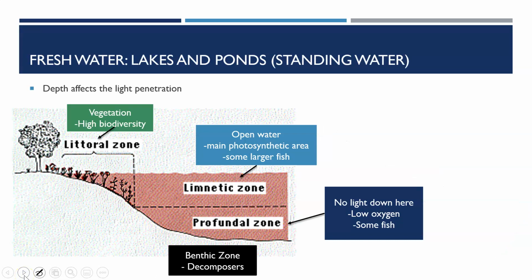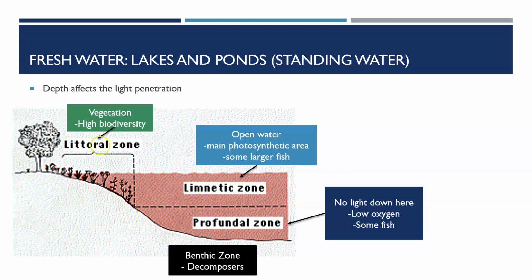So in contrast to that, our freshwater biomes also include lakes and ponds, and these are the standing water biomes. So we can kind of describe these based upon their depth, because depth affects the light penetration, so how far the light can get, and that changes the entire diversity of a lake or pond ecosystem.